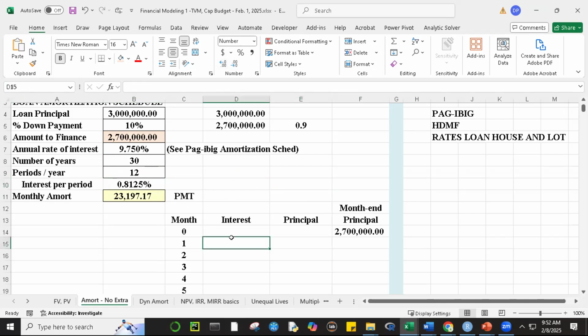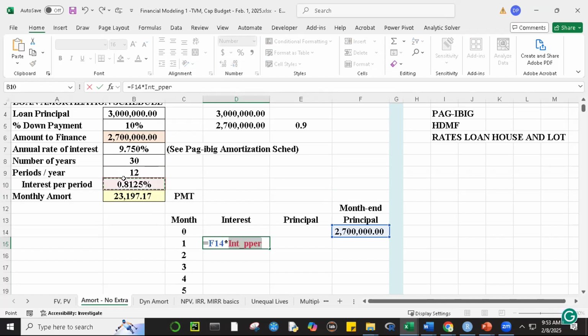Okay. So what will be the interest, class? What will be the interest? How do you compute for the interest? The interest will be equal to whatever was the ending balance, the principal balance, you multiply that by the interest per period, this one.